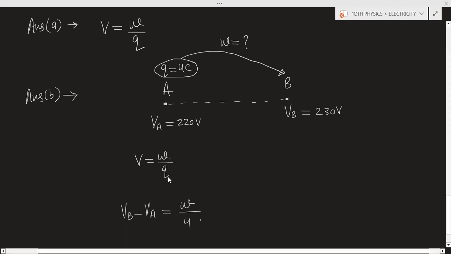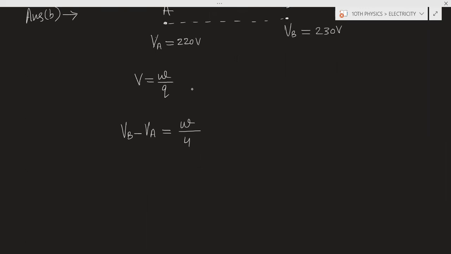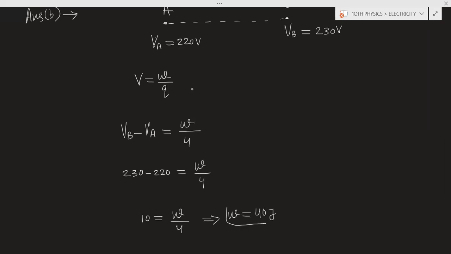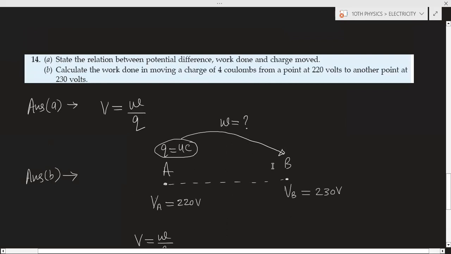So VB minus VA, 230 minus 220, is 10. This equals W divided by 4. So the work done is 40 joule. We have to do 40 joule of work in moving the charge from point A to point B.